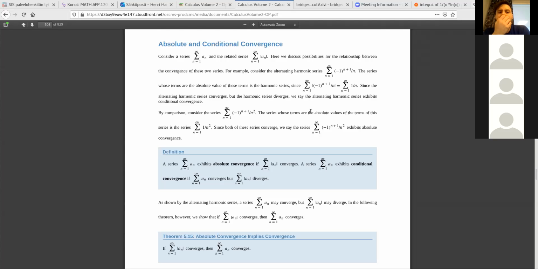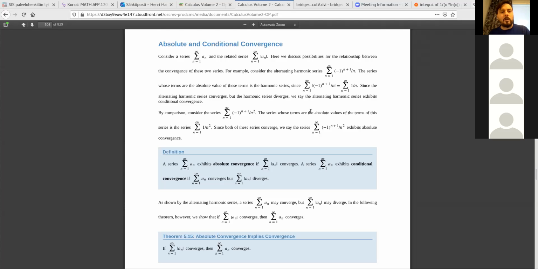Then that's called conditional convergence. So absolute convergence means that it converges whether or not there are changes in the sign, and conditional convergence means that it only converges because the sign of the term is changing, because it's alternating.